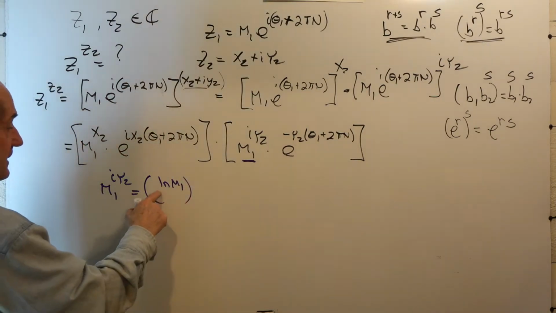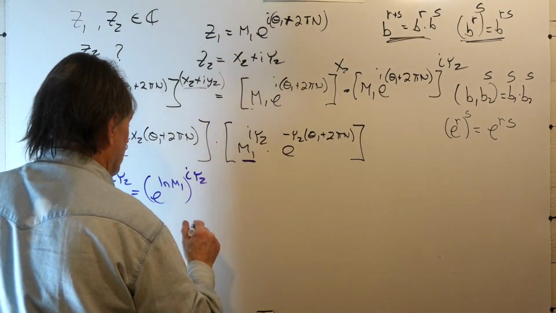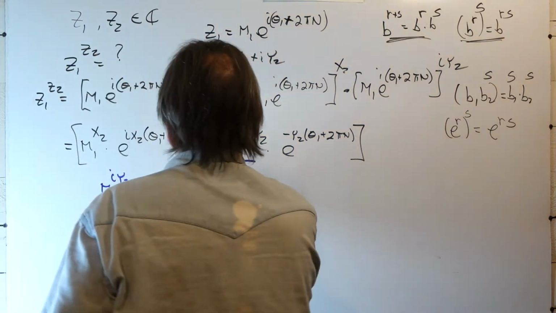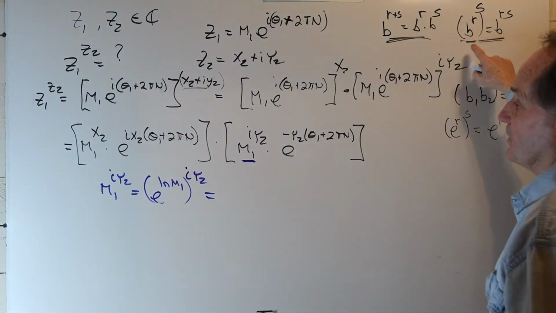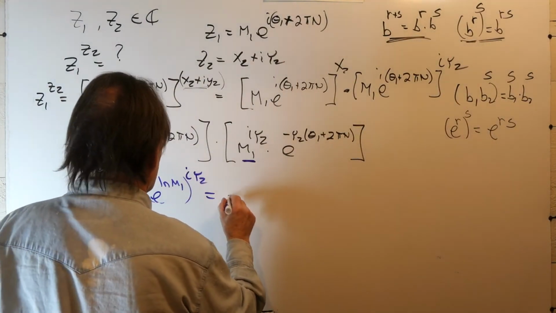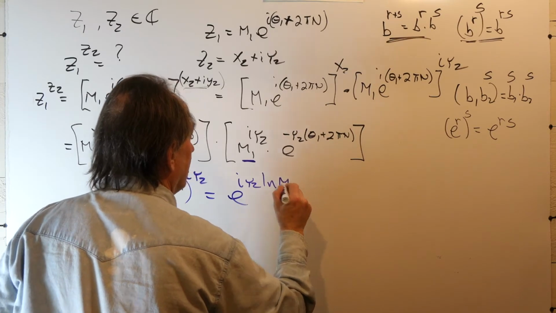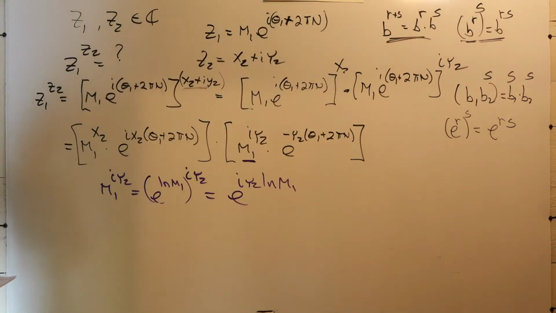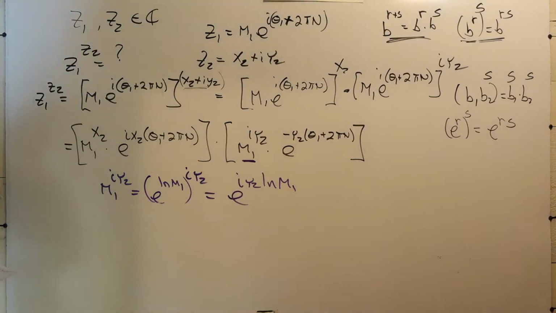That's our m1. e to log m1 just gives us m1, and we're raising that to the i y2. Now, we have e to the power raised to a power, so we can use this property. We just combine the exponents. So this becomes e to the i y2 natural log of m1. And it has a magnitude of 1, as we can see here.